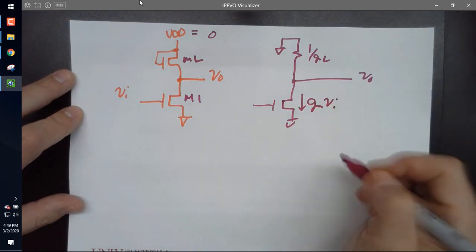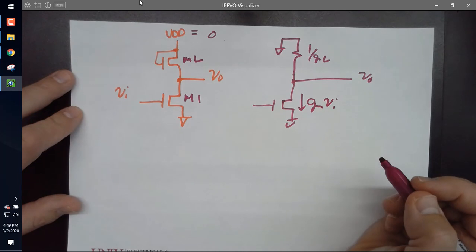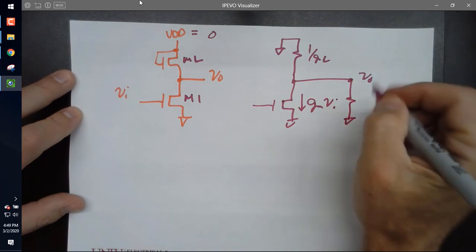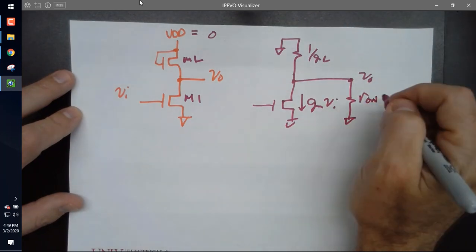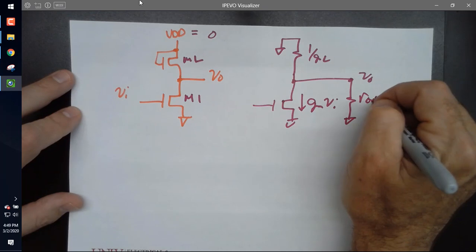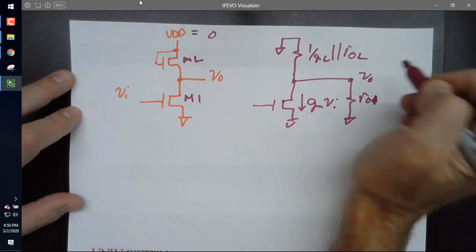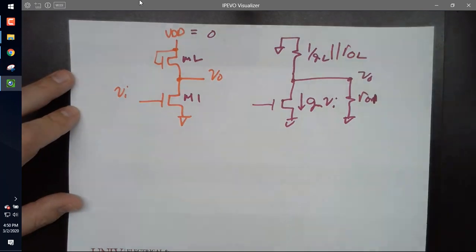GMVI. And let's be precise. That's R out 1. And if I want, I can put in parallel with R out L. I'm not going to worry about it. Okay?